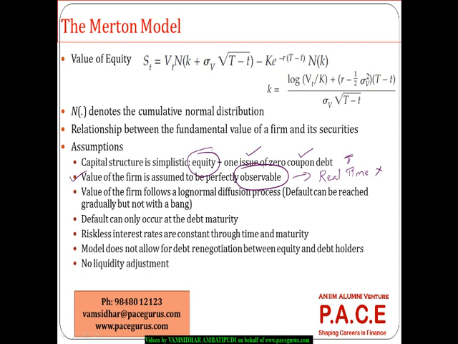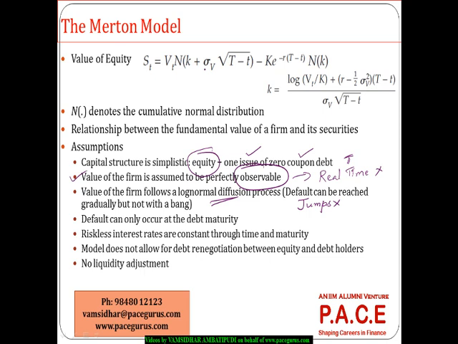And as we have already talked about, the value of the firm follows a geometric Brownian motion, which is a log normal diffusion process. So there is no question of any kind of jumps in the model, which means if the company has to come to a default situation, it has to come gradually, but it can't come with a big bang.